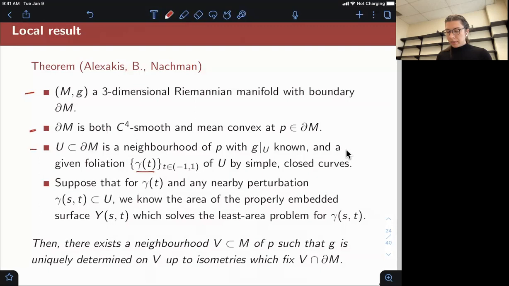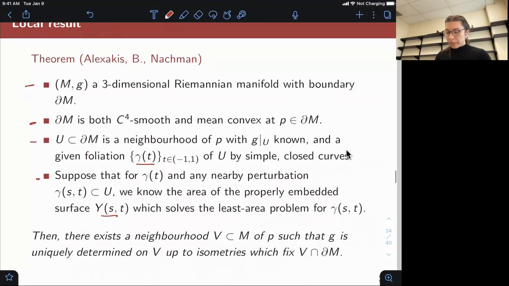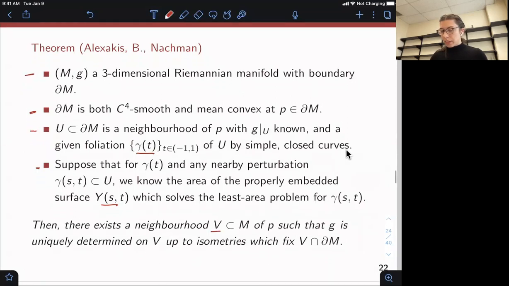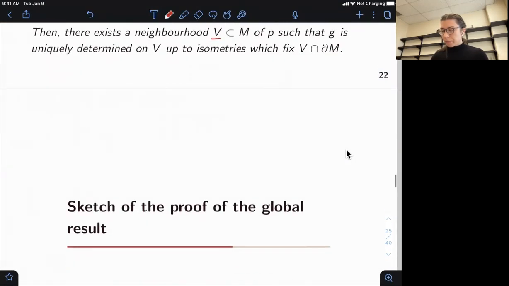Moreover, for this family of simple closed curves and any nearby perturbations of them, I can fill them in by a least area surface, and I know the areas of all these surfaces. From this information, we can uniquely determine the Riemannian metric in some neighborhood in the bulk manifold of this point P. So that's the local result that we can get right away.